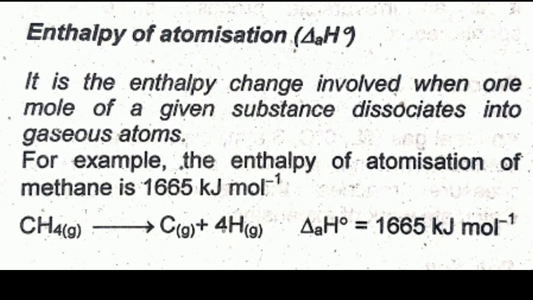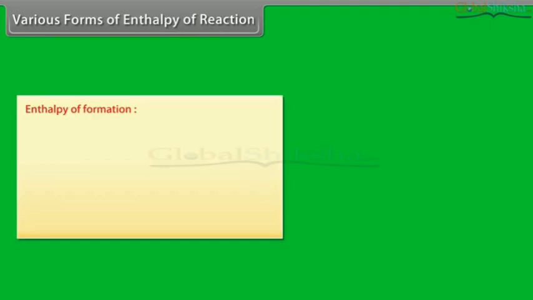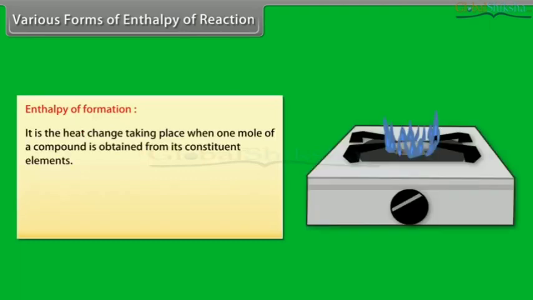Then, the enthalpy change is 1665 kilojoule. This is an endothermic process. So, the delta H value is positive here. That means this much amount of energy is required to dissociate this CH4 into its corresponding carbon gas and 4 hydrogen gaseous atoms.